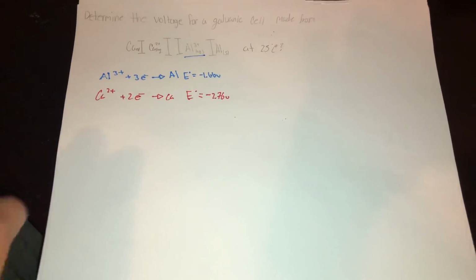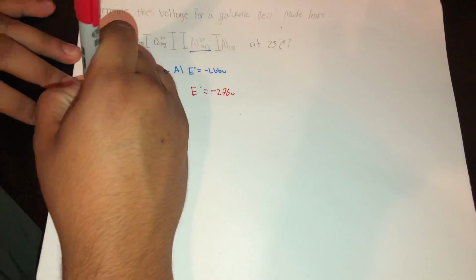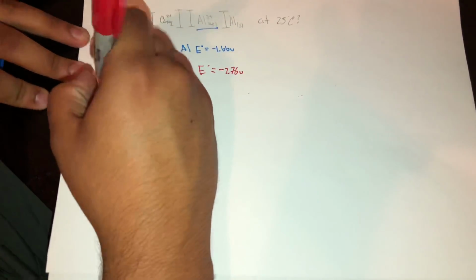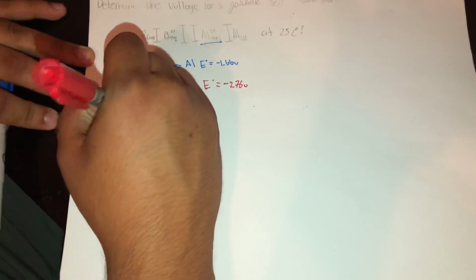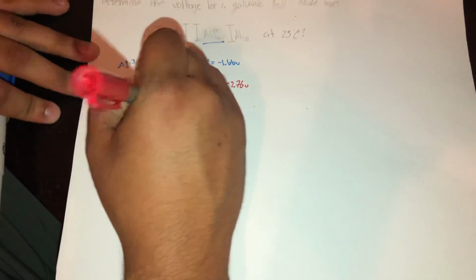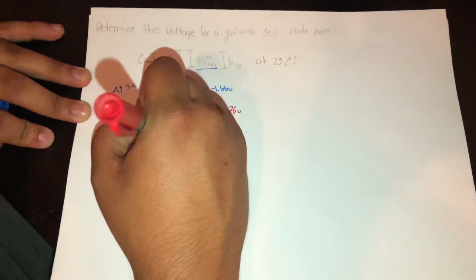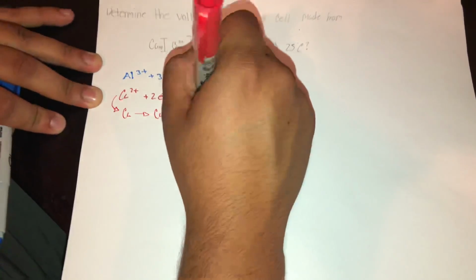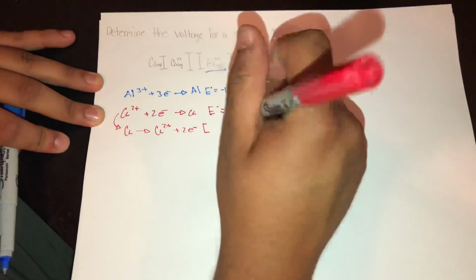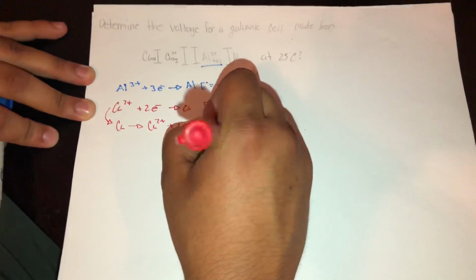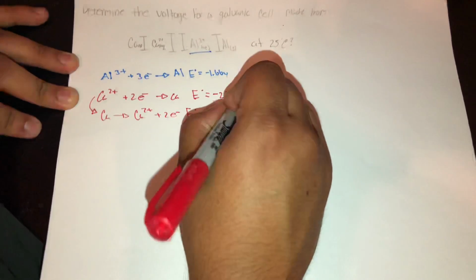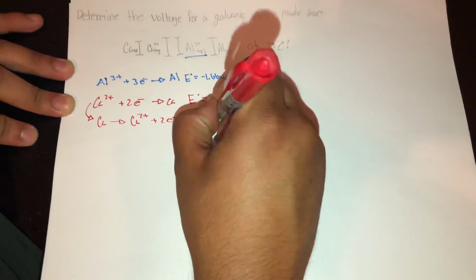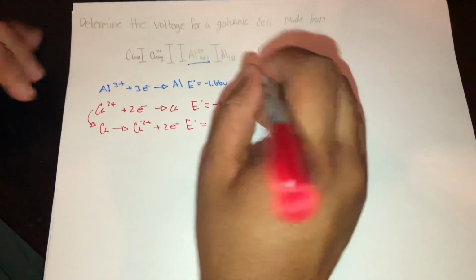Remember that once you flip it around, the volts will change too. So it's going to go Ca to Ca2+ plus 2 electrons. The E will change. Over here it was negative, now it's going to be positive 2.76 volts.